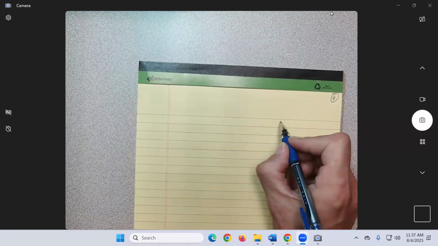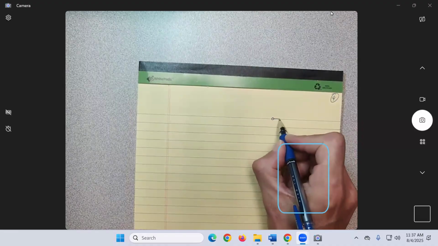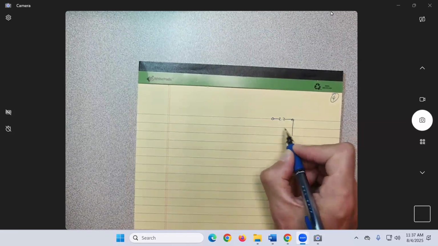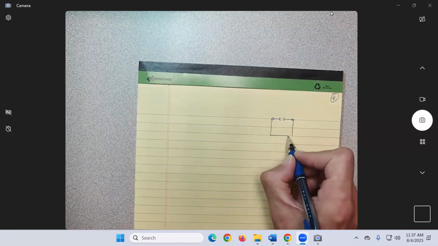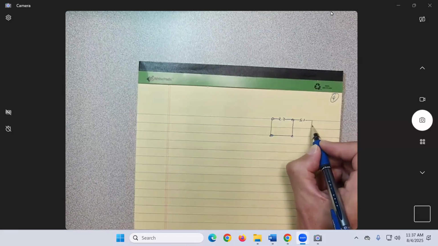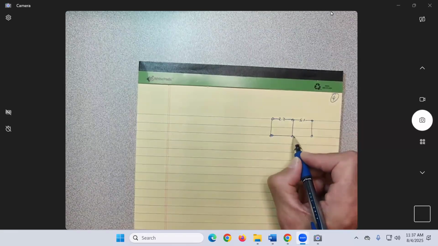All right, so 1, 2, 3, 4. So, okay, so let's do another figure here showing our cuts.